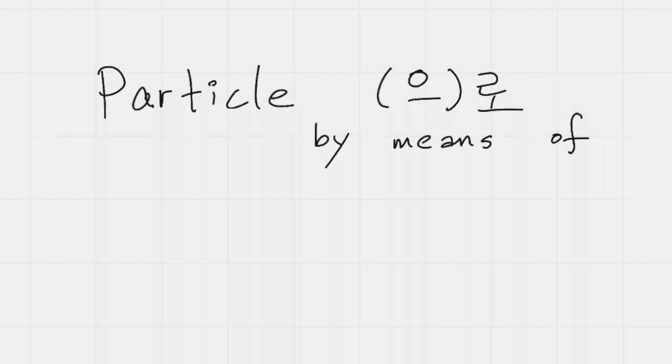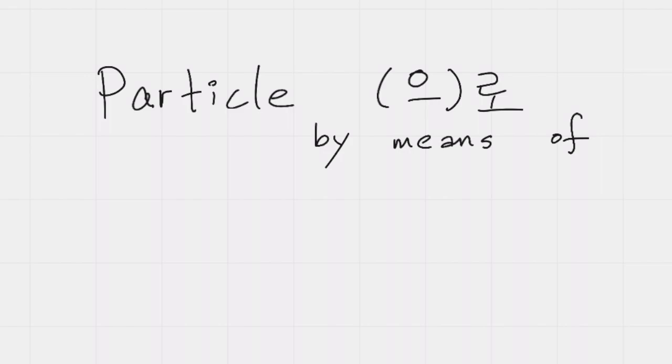The second usage would be when we mark the method or tool. Like let's say you're writing with a pencil. Okay, so with the pencil will be marked with this particle. Also, if you're asking someone to speak in Korean, so in Korean will be marked with this particle. Okay, so those are the two usages of this 으로, 로 by means of particle.